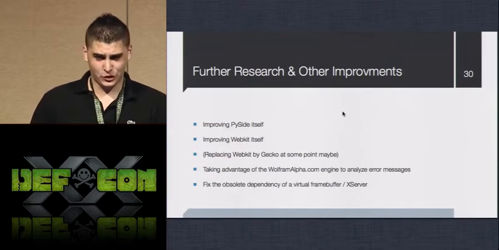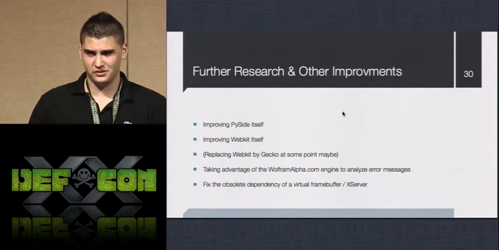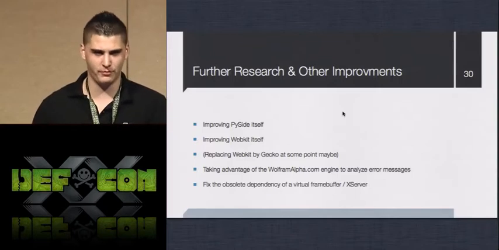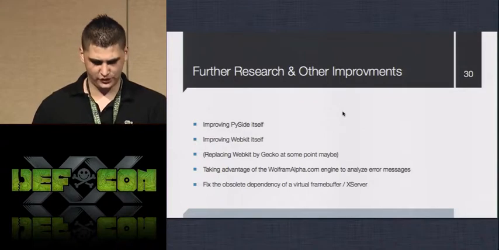And I'm not sure when the last Gecko exploit was released, or when the last Gecko vulnerability was reported, but there are not a lot of them out there, at least not public ones, so it's actually a good sign.